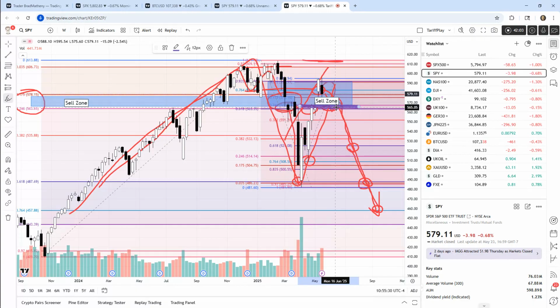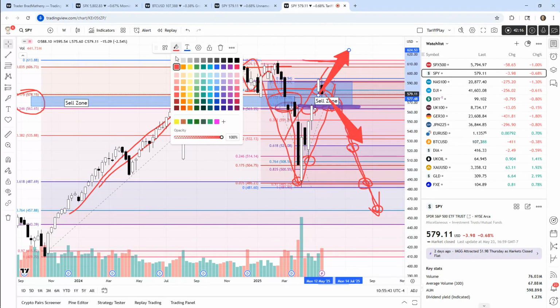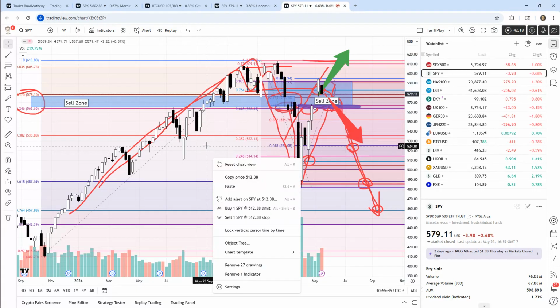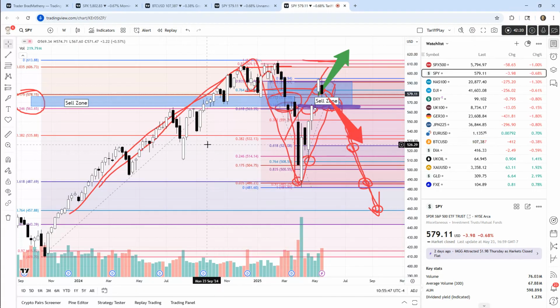This would be a hedged position where you're essentially betting in both an up and down direction in a hedge. And the purpose of that is that you can try to prepare for both sides of the trade. Okay. Now, if you don't want to do that, that's fine. If you don't want to hedge, that's fine. Just understand that without the hedge, you're taking on more risk.